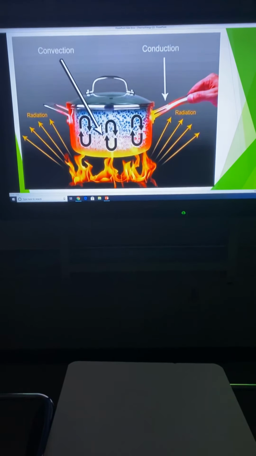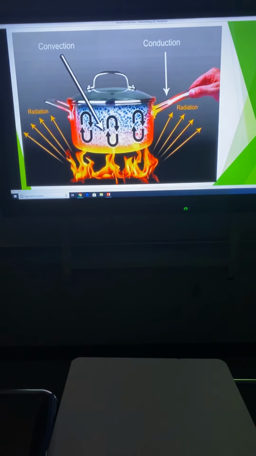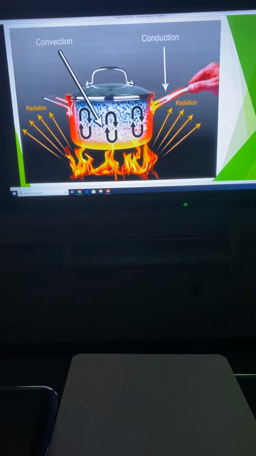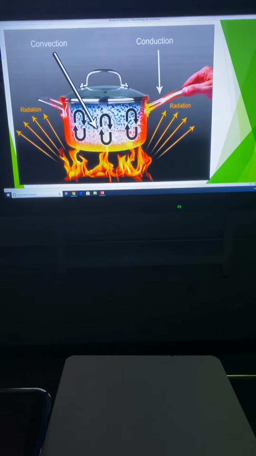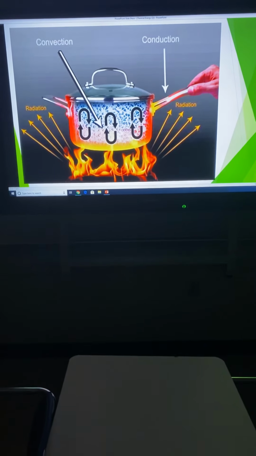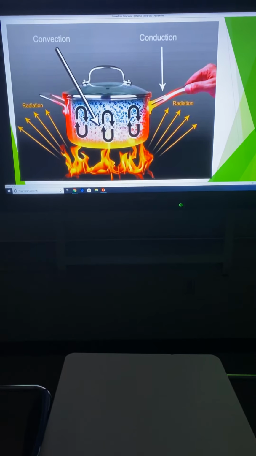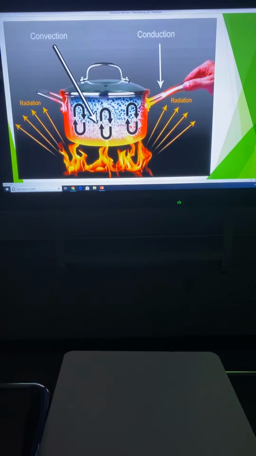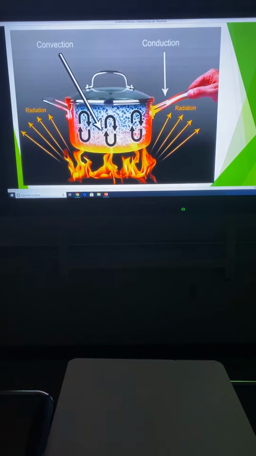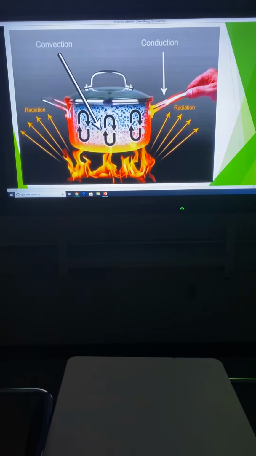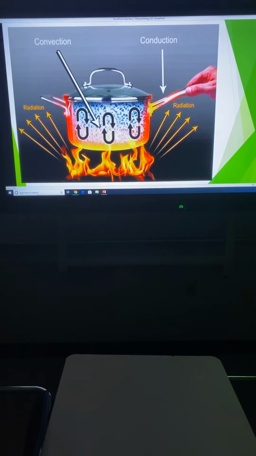That's where you see the arrows. The red and the blue are hot water and cold water. As the water moves around, it boils, and it rises and falls until all of the water in the pot becomes hot.